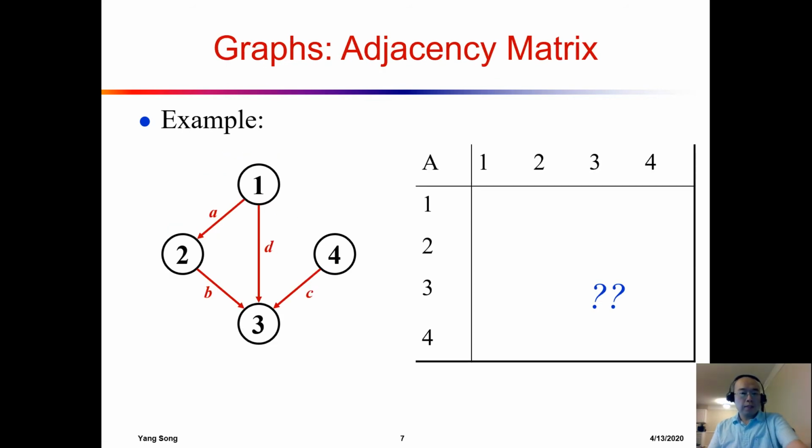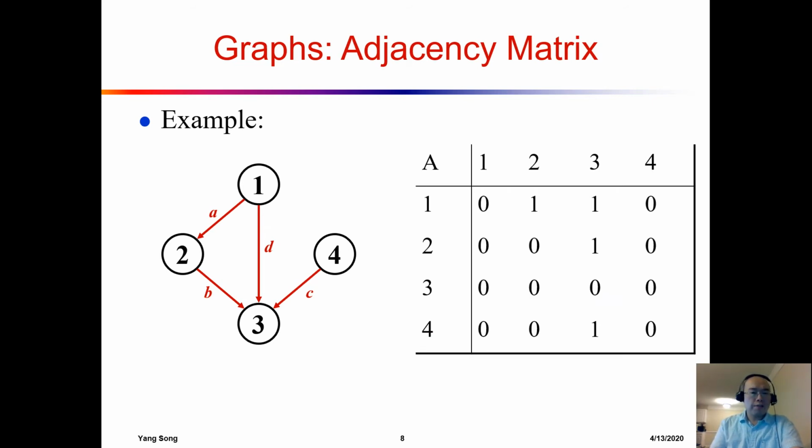So let's use a very small graph here as the example. We have a total of 4 nodes, or 4 vertices, and for the x-axis we have 1, 2, 3, 4, and for the y-axis we have 1, 2, 3, 4. The problem is, how do we fill in this adjacency matrix? We have to define what we mean by from node 1 to node 2.